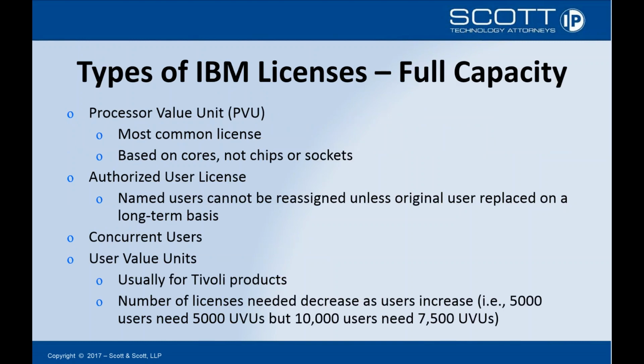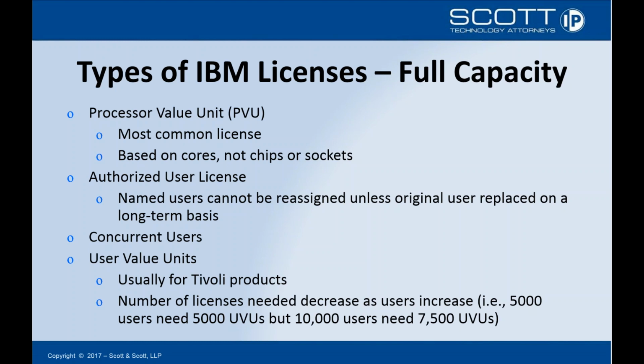So, types of IBM licensing. First, we'll talk about full capacity. The reason that I want to talk about full capacity first is that this is the default licensing position.